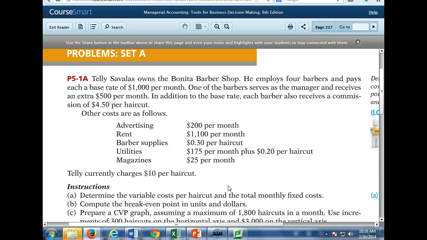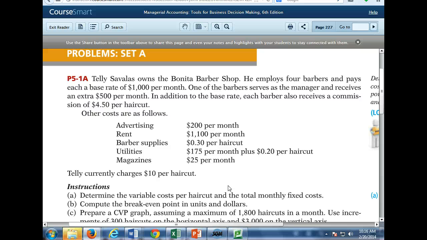In addition to the base rate, each barber also receives a commission of $4.50 per haircut. Other costs are advertising, rent, barber supplies, utilities, and magazines. He's currently charging $10 per haircut.